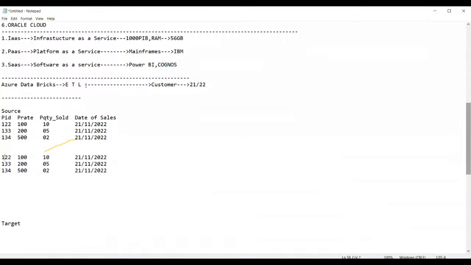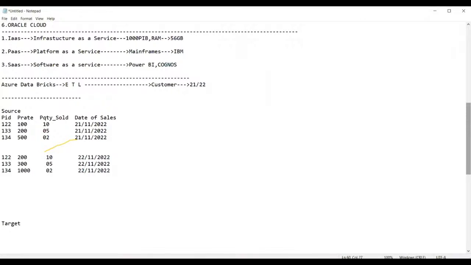But now, instead of this, I will make the rate 200, here I'll make the rate 300, and here I'll make the rate 1000. The product quantity sold stays as it is, but I'm changing the date here to 22.